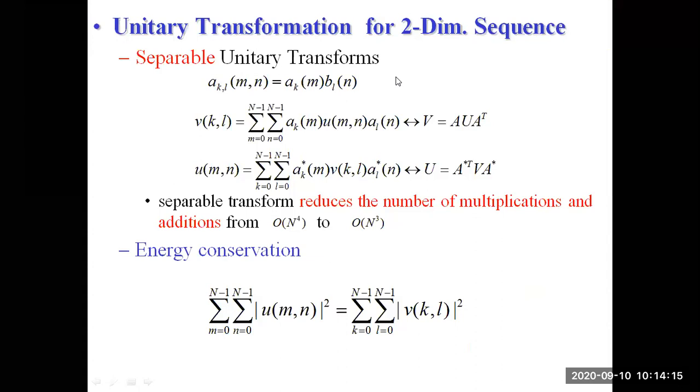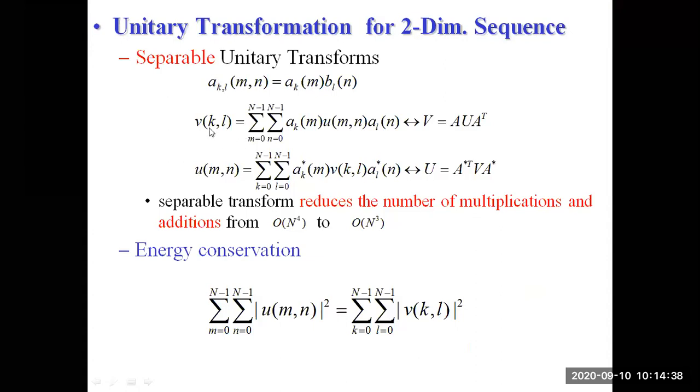This type of transformation is called a separable unitary transform. That means my coefficients are a of k comma l of m comma n, equal to how many components? a k of m into b l of n. So a k of m for one dimension, b l of n for the second dimension.